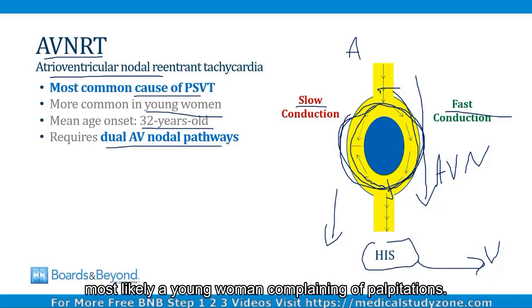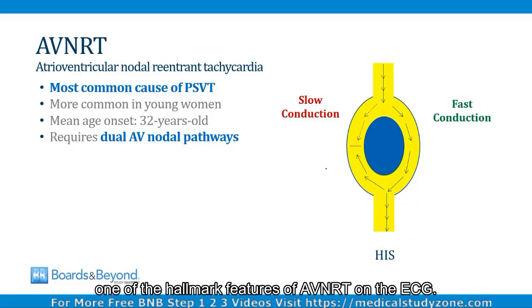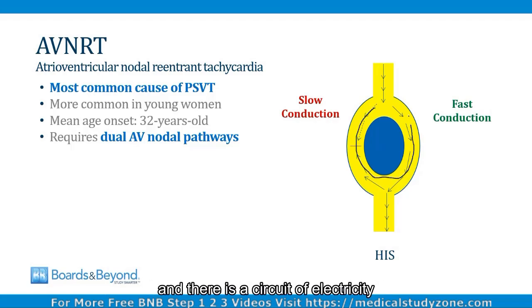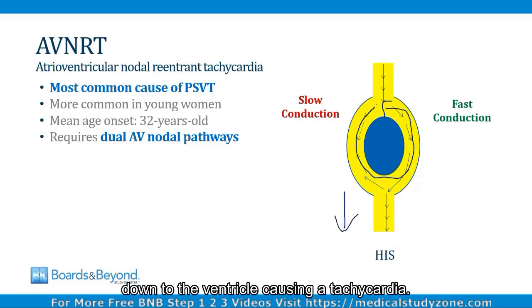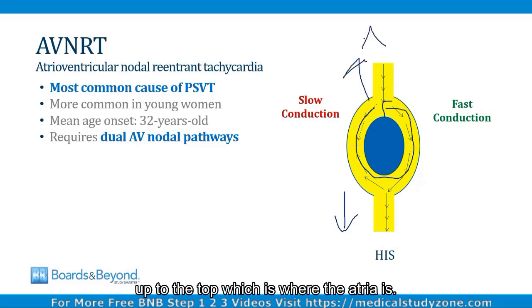I've cleared away my ink so I can show you one of the hallmark features of AVNRT on the ECG, and that is the presence of retrograde P waves. When a person develops AVNRT and there is a circuit of electricity going around the AV node, that circuit will send electrical impulses down to the ventricle, causing a tachycardia. But some electrical impulses will also go backwards up to the top, which is where the atria is.